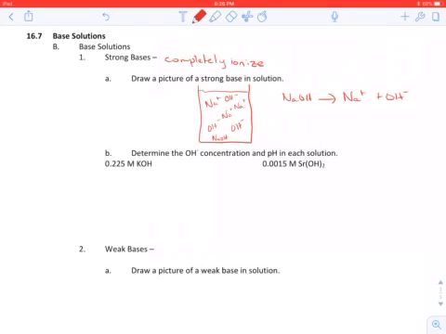So its hydroxide ion concentration is just going to be 0.225 molar. So that's hydroxide. So to find the pH, we can find the pOH by taking the negative log of the hydroxide ion concentration, and then we can find pH by taking 14 minus the pOH.